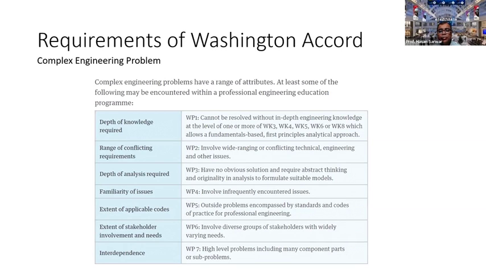So the problem cannot be resolved without in-depth engineering knowledge at the level of some knowledge profile that has also been mentioned in the Washington Accord.